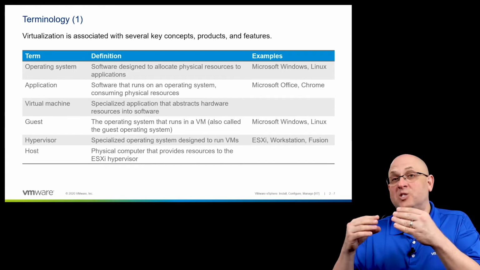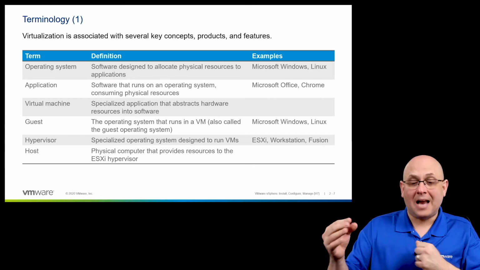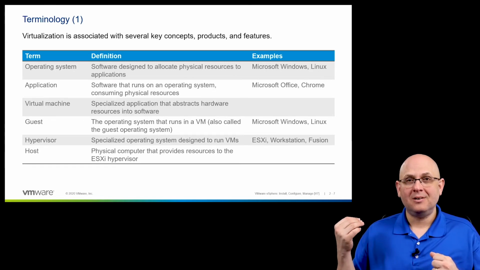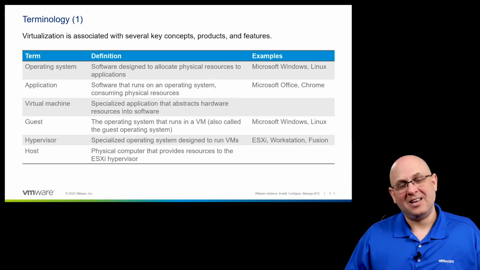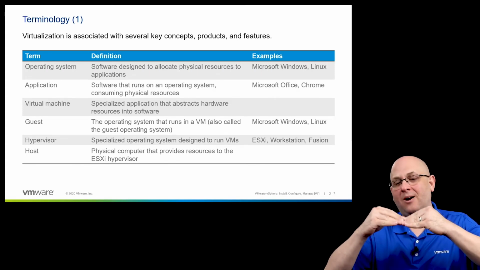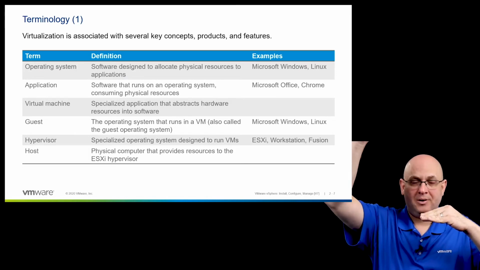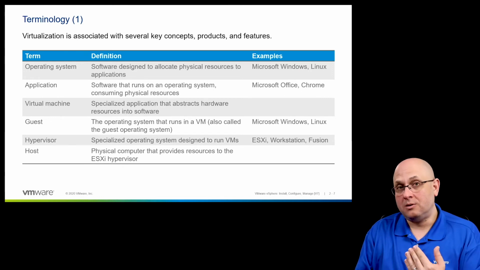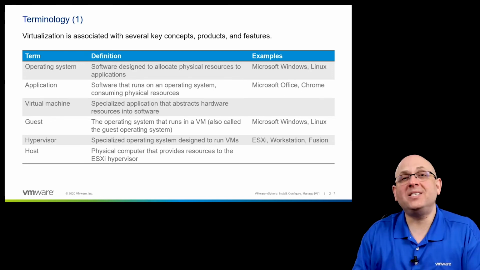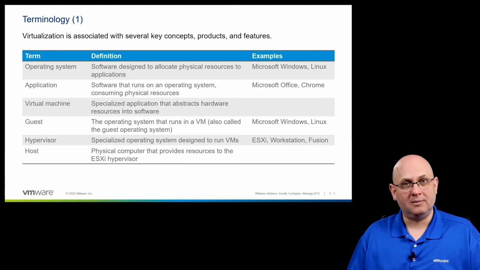Those virtual machines are specialized applications that run what we call a guest operating system that then runs the applications that support our business. You can see how we're building this layer kind of from the bottom up, right? From the bottom, where we have now a host. That's the physical hardware that we run our hypervisor on.